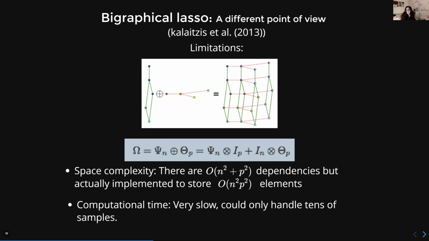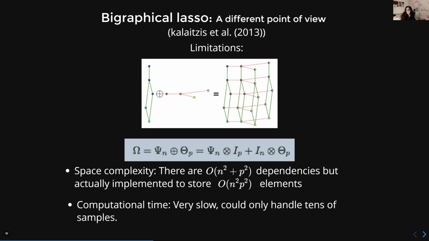This also implied a very slow computational time. But the main limitation was the space complexity of this algorithm, and it could only handle tens of samples. So solving the problem this way is a very good idea, but it's impractical for the kind of problems that we want to address.